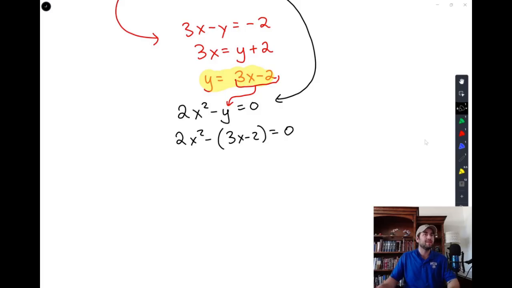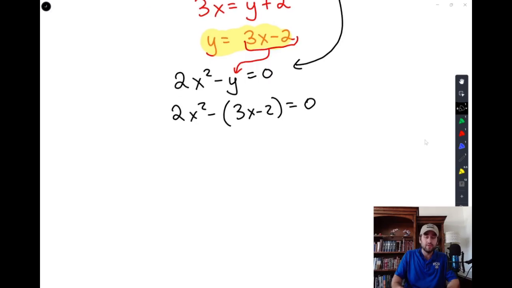So it might feel a little bit like the composition of functions where you plug a function into a function. That's kind of similar. We're plugging a whole linear equation into another equation that contains a y. And then we're just going to solve this. So this looks like 2x squared minus 3x minus 2 equals 0.